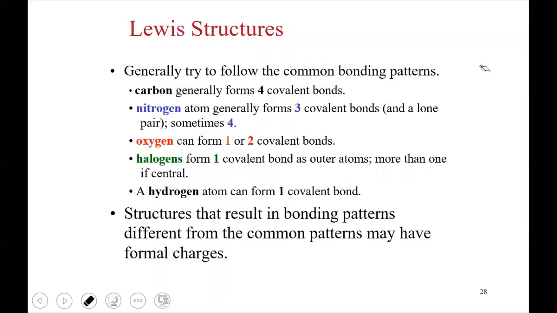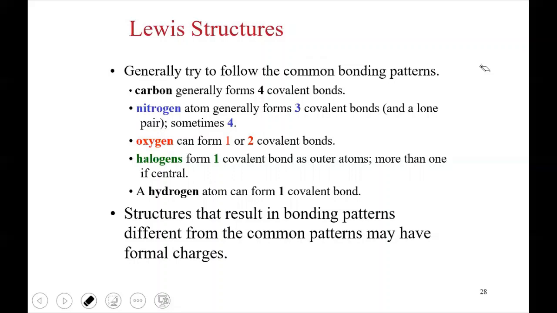Now, halogens, right? The fluorine, chlorine, bromine, those kind of guys. These atoms, when they are on the outer boundary of the molecule, when they're not a central atom, are typically going to have only 1 covalent bond and then a bunch of lone pairs or non-bonding electrons, all right?